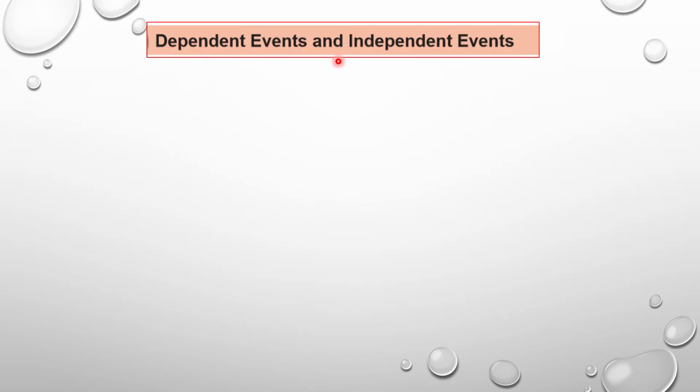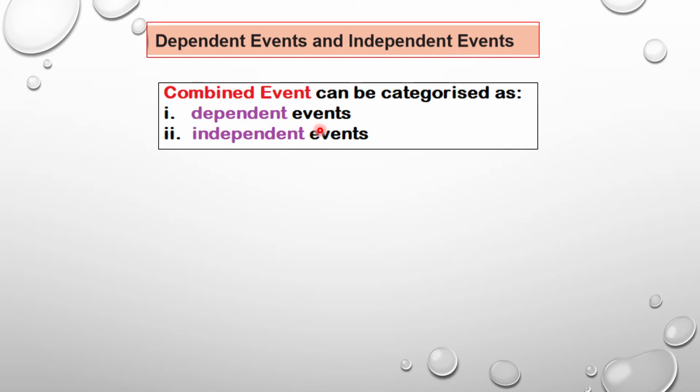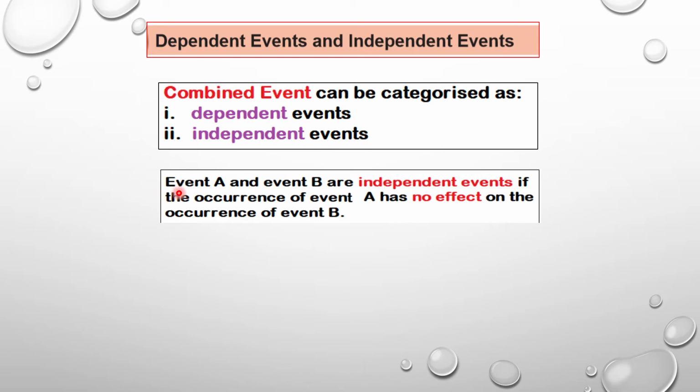Dependent events and independent events. A combined event can be categorized as dependent events and independent events. Event A and event B are independent events if the occurrence of event A has no effect on the occurrence of event B. So please remember this.